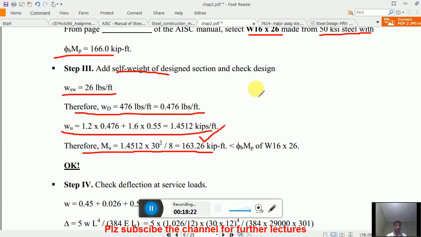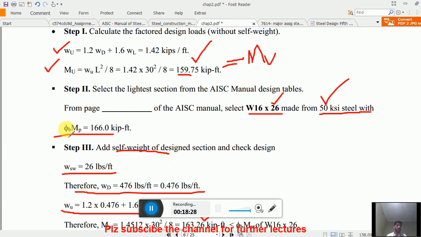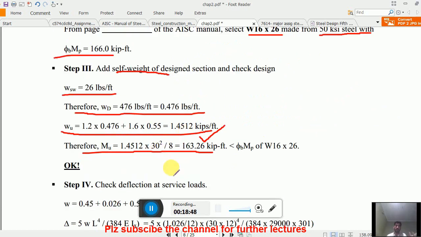Whenever you select a section whose capacity is a little bit larger than the required one, although we need 160, we select a section with capacity 166, a little bit larger than required. So if we include the self weight of the beam, it doesn't affect, and we are on the safe side. So our section is okay.